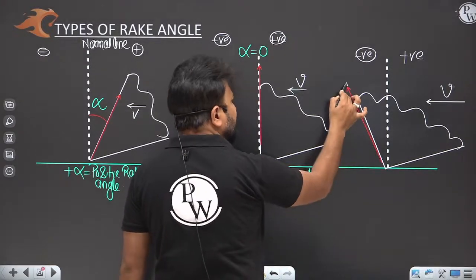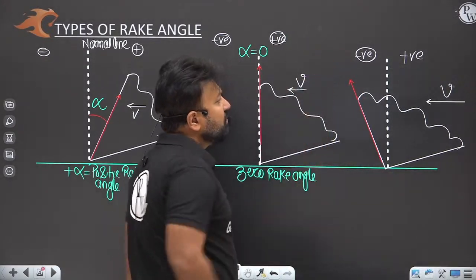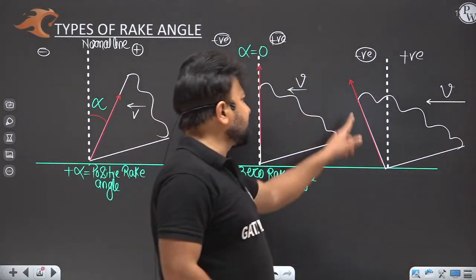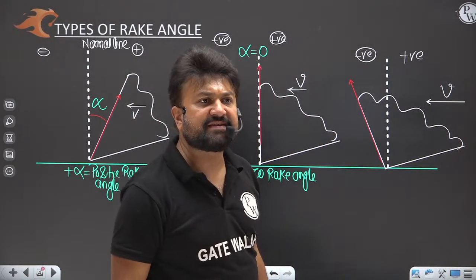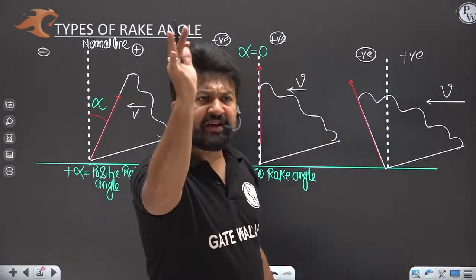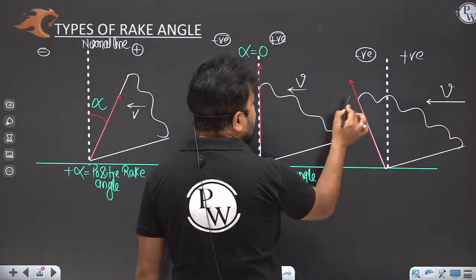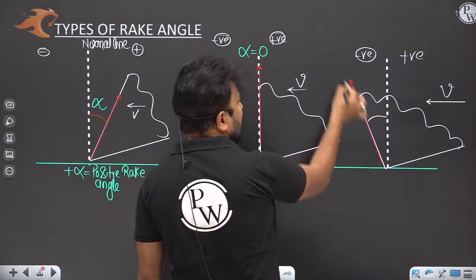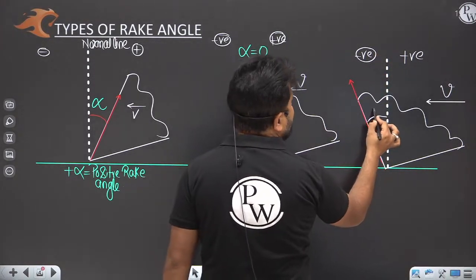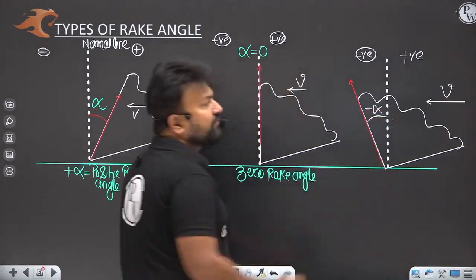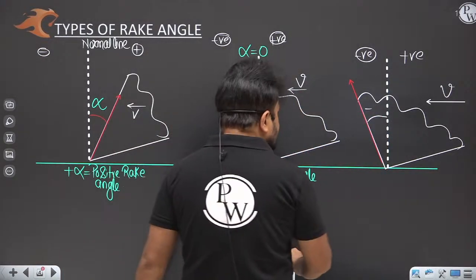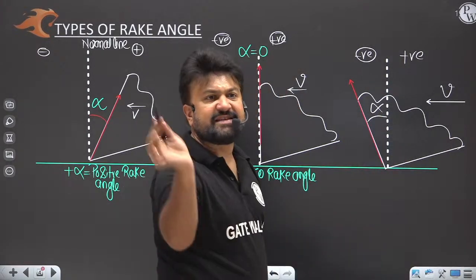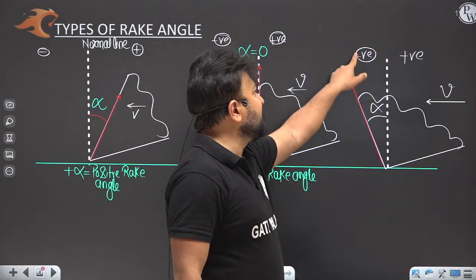The chip will flow along that rake face. Yes or no? So this face becomes the rake face. Now see the inclination of the rake face from the reference line. It is negative, because alpha, that is the rake angle, will lie on the negative side.